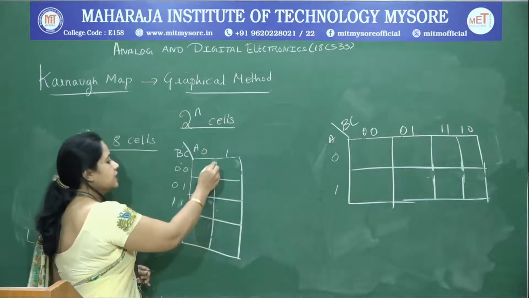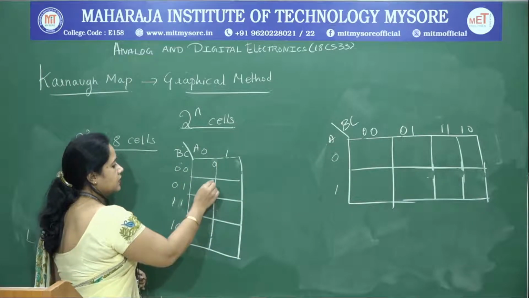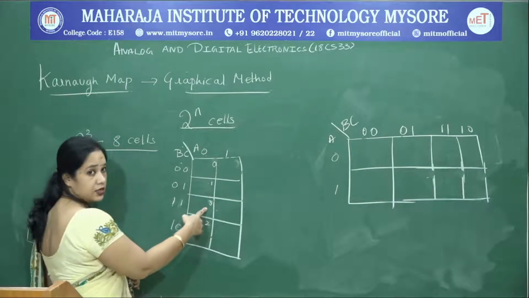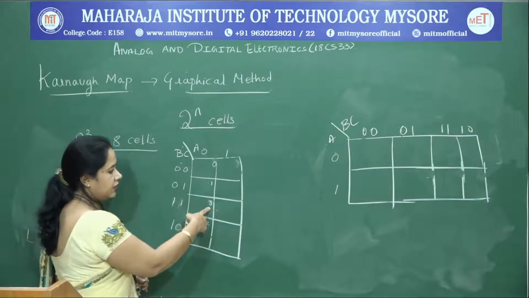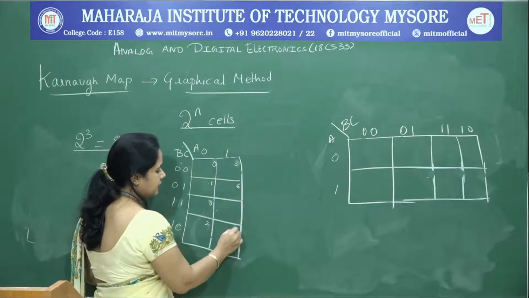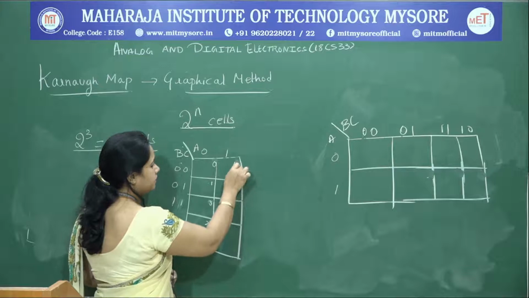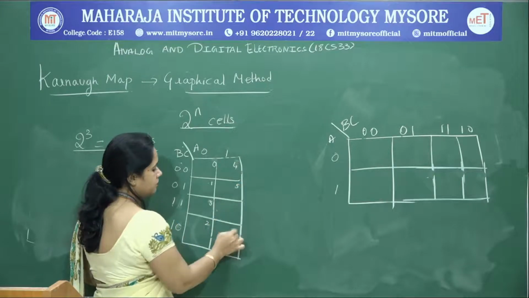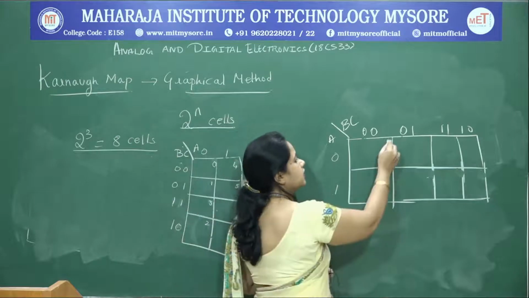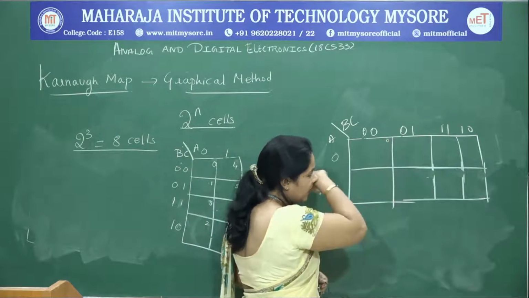So, accordingly this is 0, this represents 1, this represents 2, this represents the 3rd entry from your table. This is 4, 5, 6 and 7. Again this is the 0th entry of your table, first entry of your table.